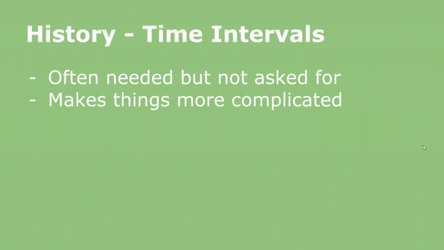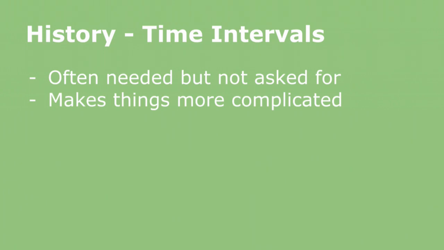One caveat to always think about, especially when doing this in reality, is that things are more complicated when introducing time. And I think most things need some kind of history and time. The example that we had was this price for an item. You probably need to remember the price over time.